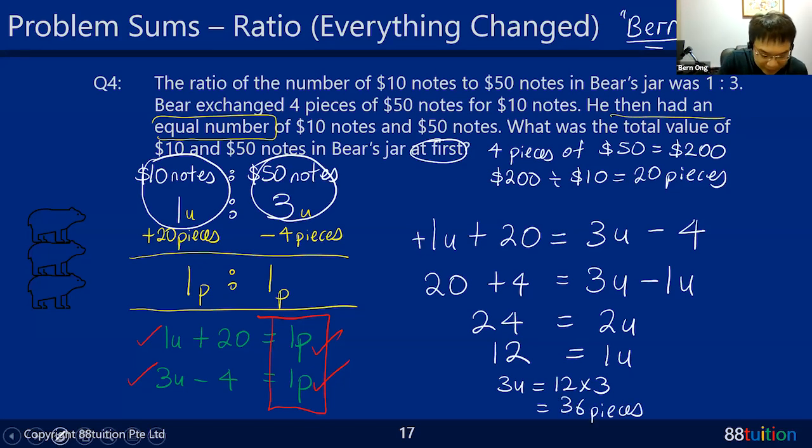So your final step is to calculate the amount of money. 1 unit worth of $10 notes is 12 pieces, so 12 times $10, plus 36 pieces of $50 notes, which is 36 times 50. I'm going to use my mental calculation: 12 times 10 plus 36 times 50.